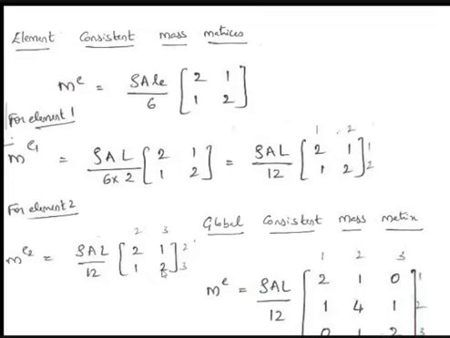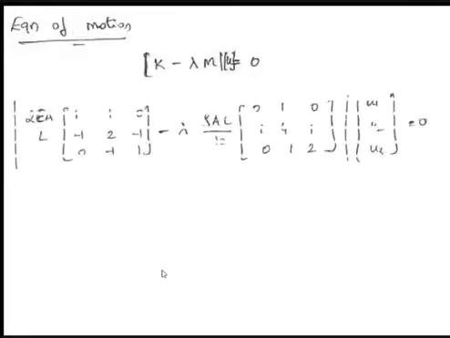global consistent mass matrix. Now I'm supposed to find out the equation of motion. So what is the equation of motion? It is nothing but k minus lambda m is equal to 0. So if I see k minus lambda m is equal to 0, just substitute.